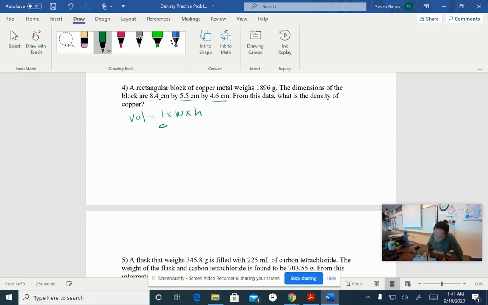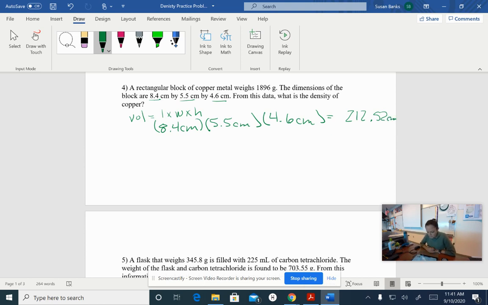So I'm going to take 8.4 centimeters, multiply it by 5.5 centimeters and then multiply by 4.6 centimeters. Okay, so when I do that, 8.4 multiplied by 5.5 multiplied by 4.6, my calculator gives me 212.52 centimeters.